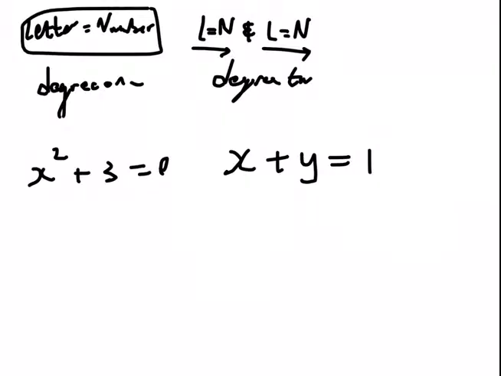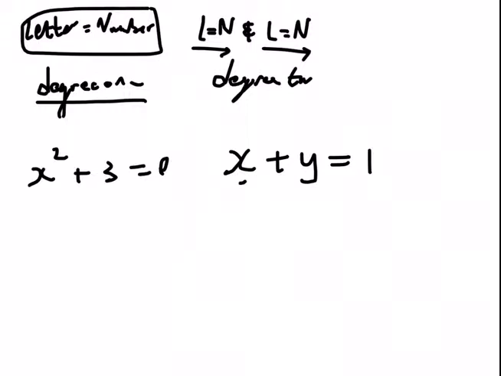When we say something is to degree 1, you look at the letters in the given equation. If the highest exponent from those letters is 1, then it is a linear equation.